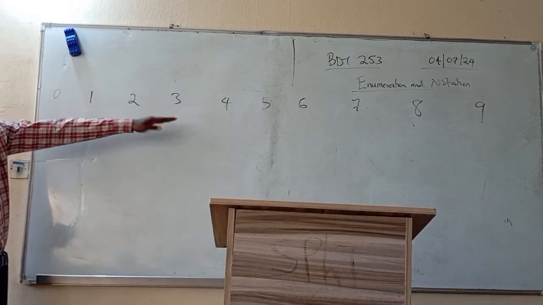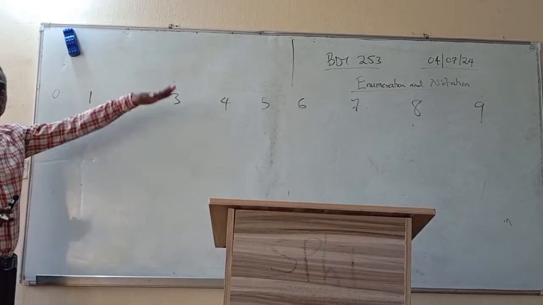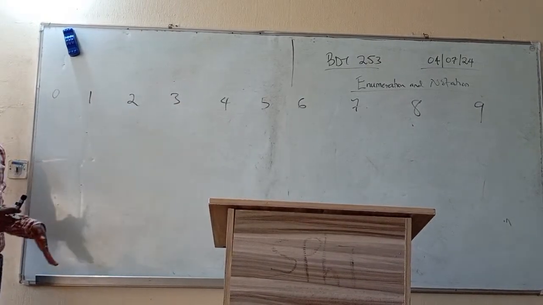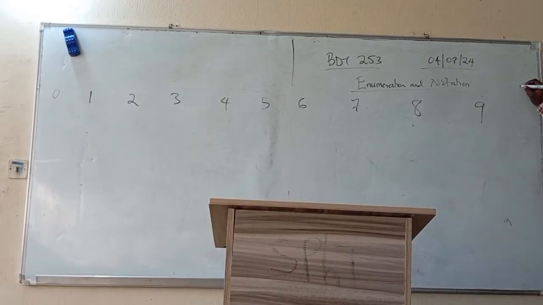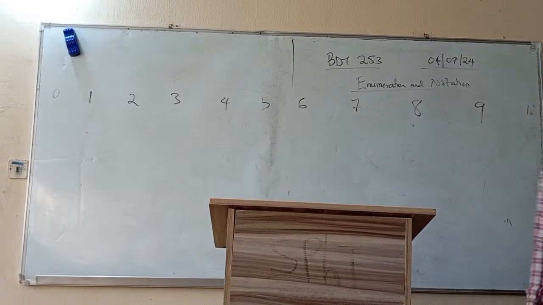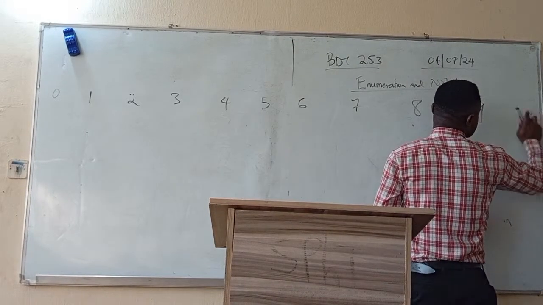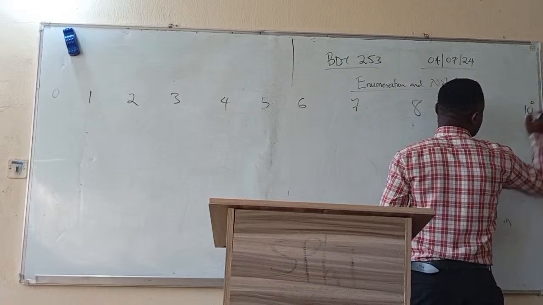Now, this place value here at this first level is units. Next one is 10. Let me put it here. Remember, here is unit, and unit is 10 raised to the power 0, which is 1. 10 raised to the power 0 is 1.